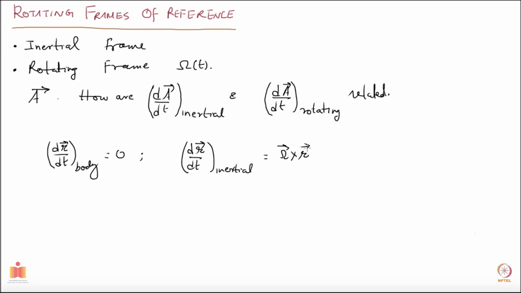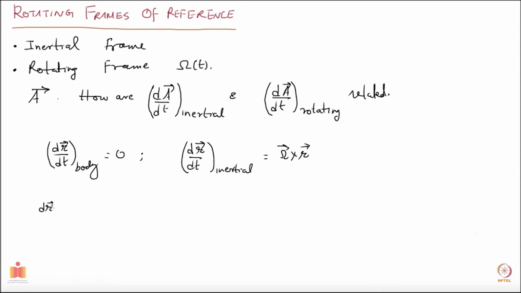Now what if the point we are looking at is not stationary in the rotating frame, but that point itself is moving? Meaning there is a non-zero rate of change of that r. So we have a non-zero dr over dt in the body frame, and then we ask how it is related to the dr over dt in the inertial frame, and obviously the answer is the following.